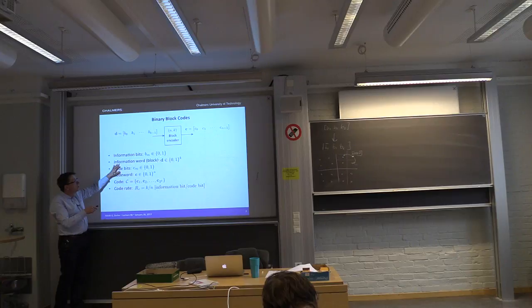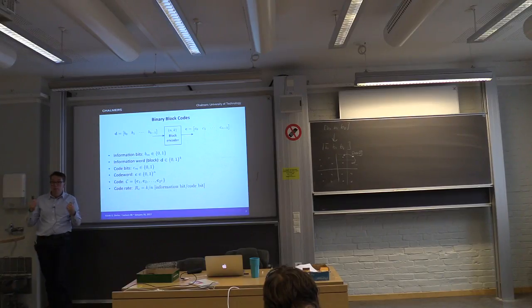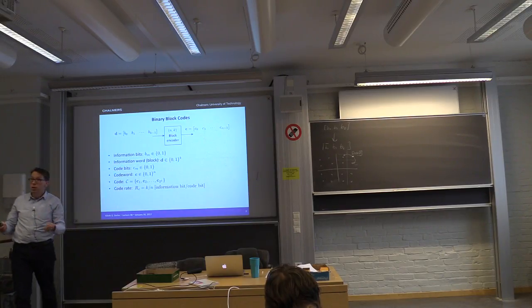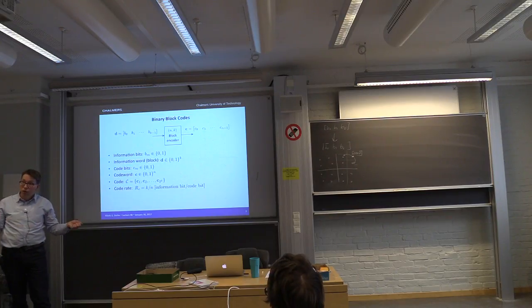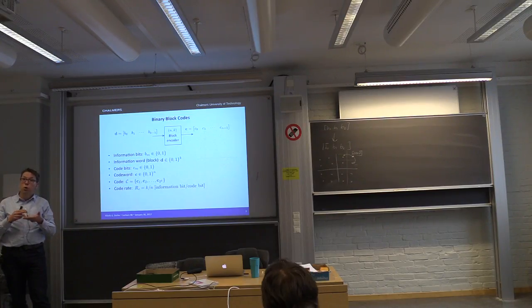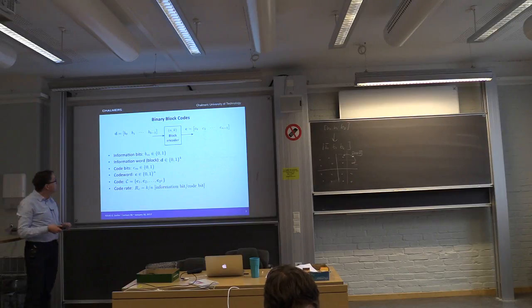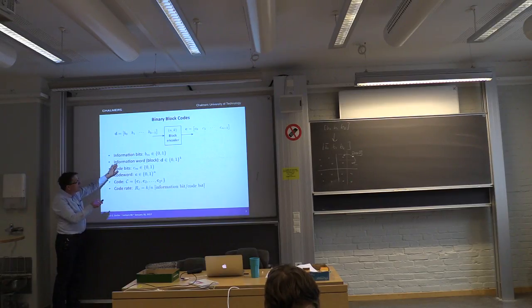If we put them together into this vector, boldface D, that's called an information bit pattern, or information bit word, or information bit vector. It's the same thing. We will call them word as often as I can remember. So this is the information word, the payload.